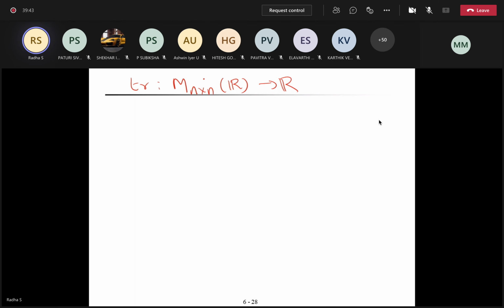So, M n cross n over R is the set of n by n matrices with entries from real values. Correct. Can you say whether this is a linear transformation? Suppose trace of A plus B, where A and B are from M n cross n over R. Will trace of A plus B be equal to trace of A plus trace of B?